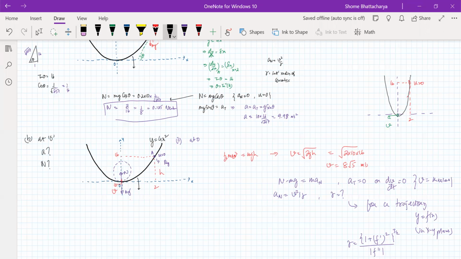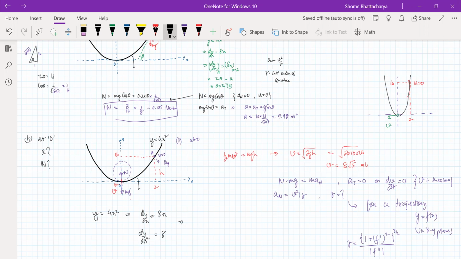Okay, so let's do that now. So y is equal to 4x square. So dy by dx is 8x, okay, and d2y by dx square is 8.